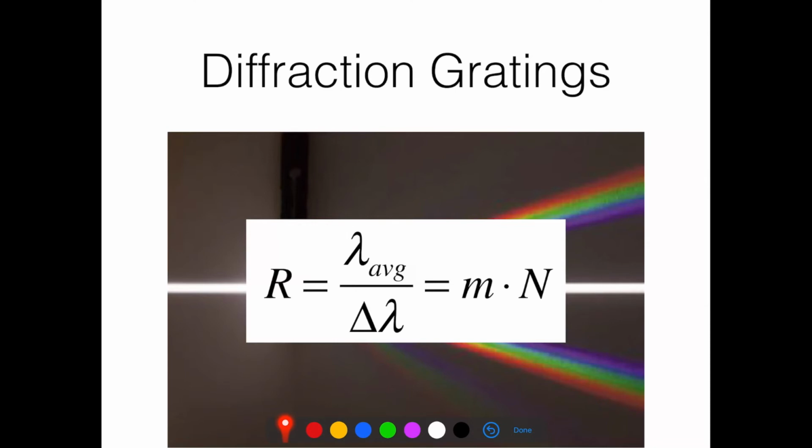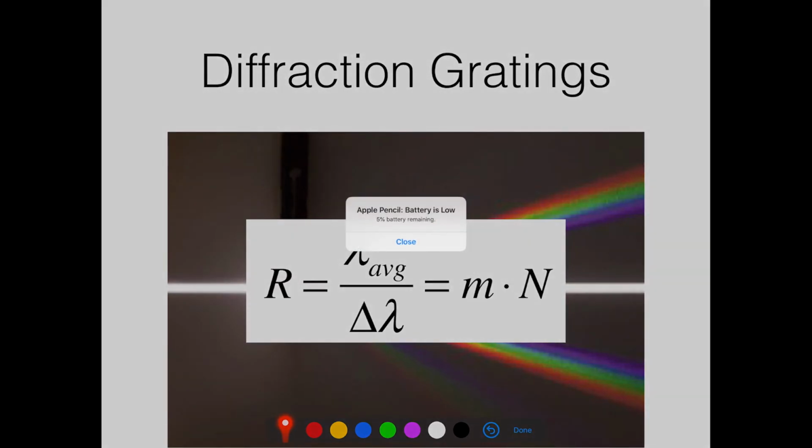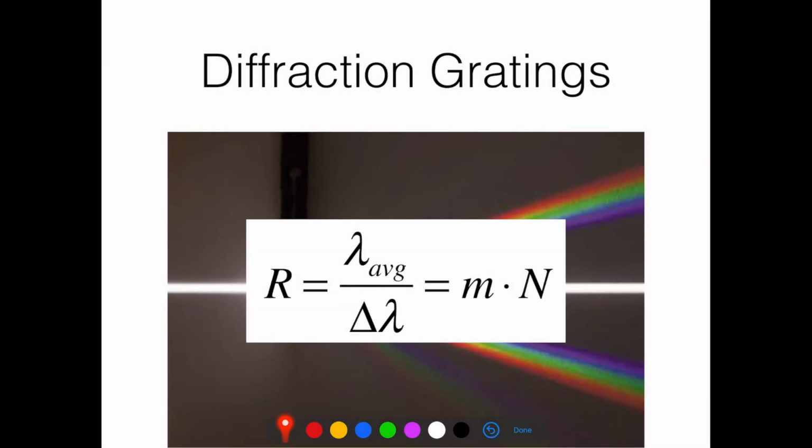We don't really say with this one, can it be resolved or not? Just because with better equipment, you will be able to resolve it, right? So we don't normally use this to say, can it be resolved or can it not be resolved? We just say, what is the resolving power? And a higher power is definitely a better thing.